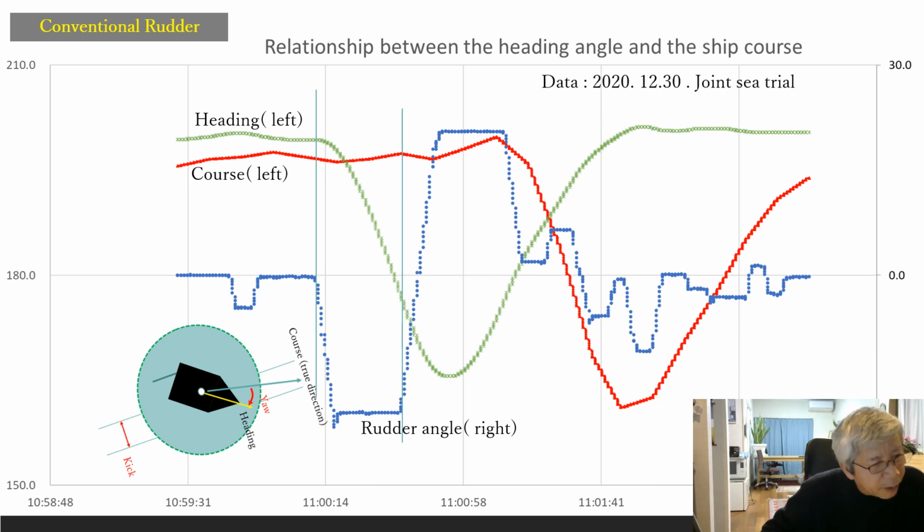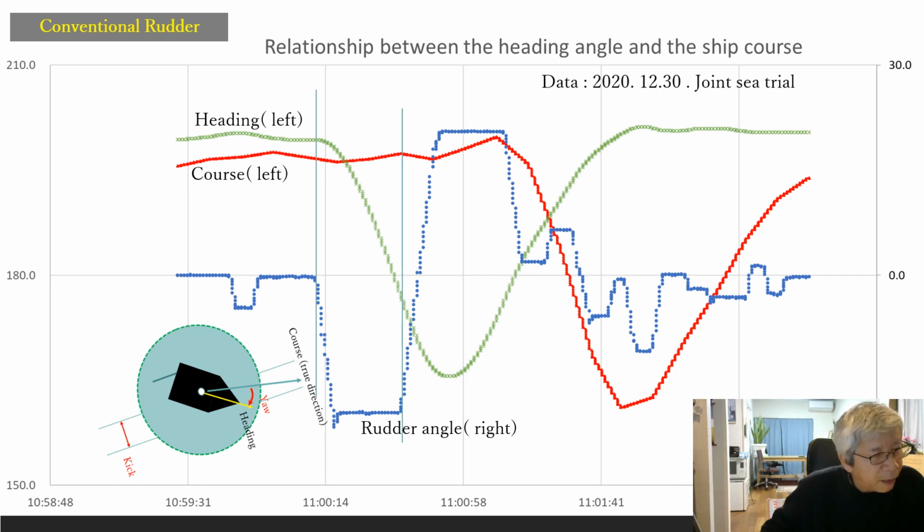So this is a typical phenomenon of the commercial rudder case. Many people misunderstand that this ship is changing course. No, the ship course is not different, it is the same. Only the vessel is turning at the same point.